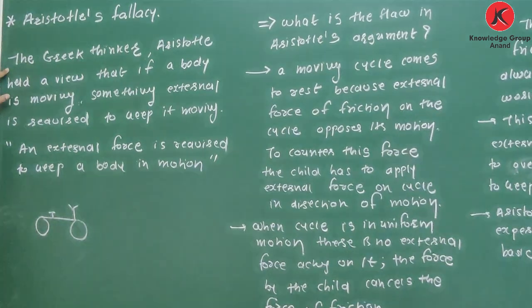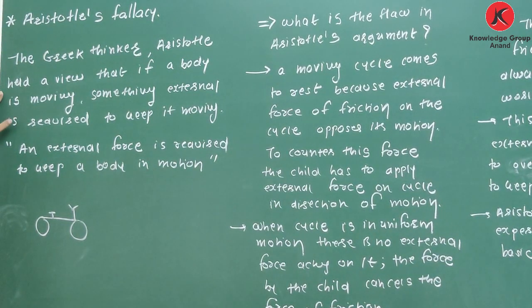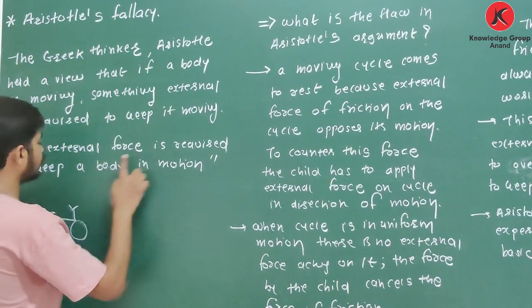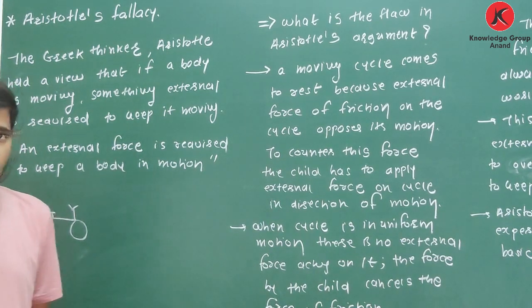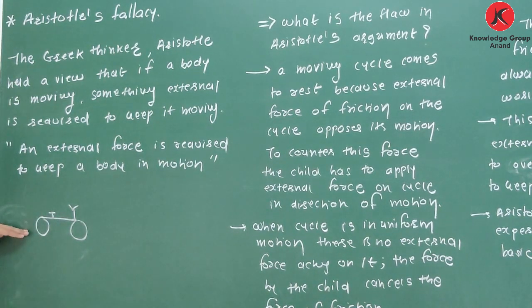The great thinker Aristotle held a view that if a body is moving, something external is required to keep it moving. It means an external force is required to keep a body in motion. Now, let me take one example for this statement of Aristotle.